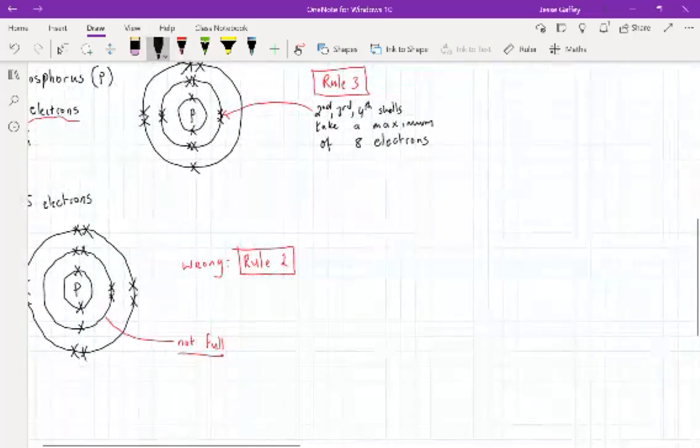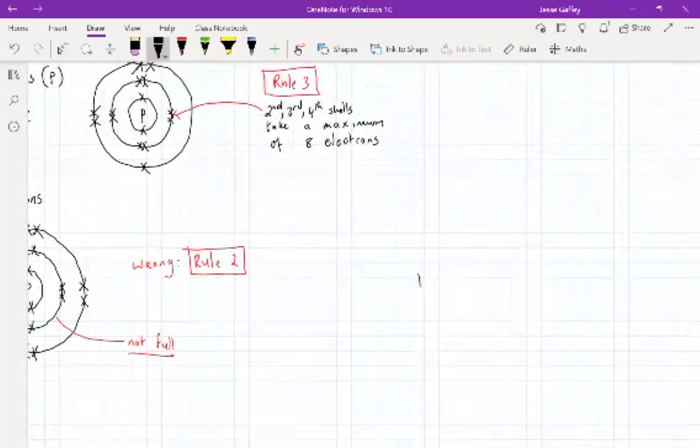Okay, I'm going to do another one. I'm using phosphorus again, 15 electrons. What's wrong with this?